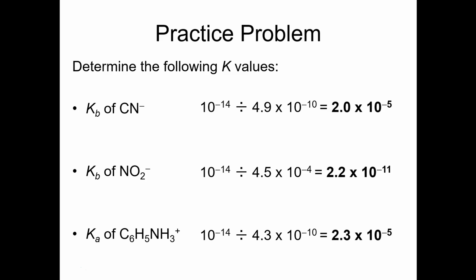And then you can use this Ka times Kb equals Kw relationship to determine the Kbs of the conjugate bases of all the acids that are listed in Appendix D1. And you can also use the same formula to calculate the Kas of the conjugate acids of all of the bases that are listed in Appendix D2.